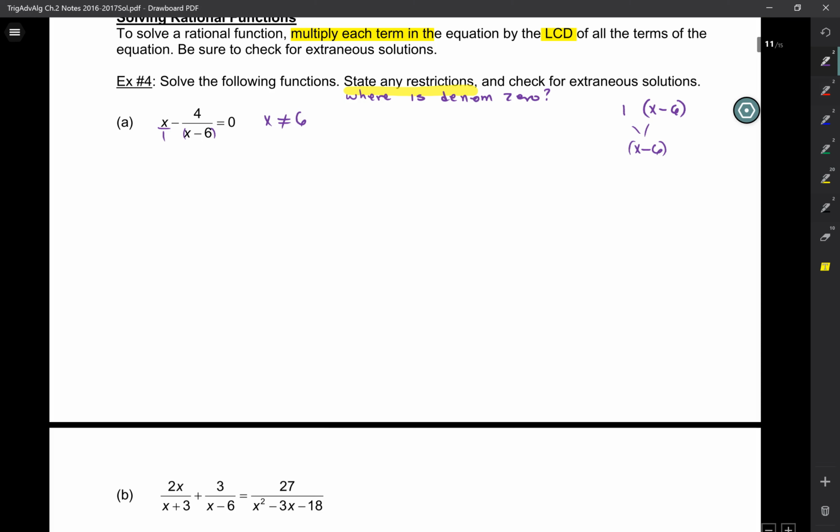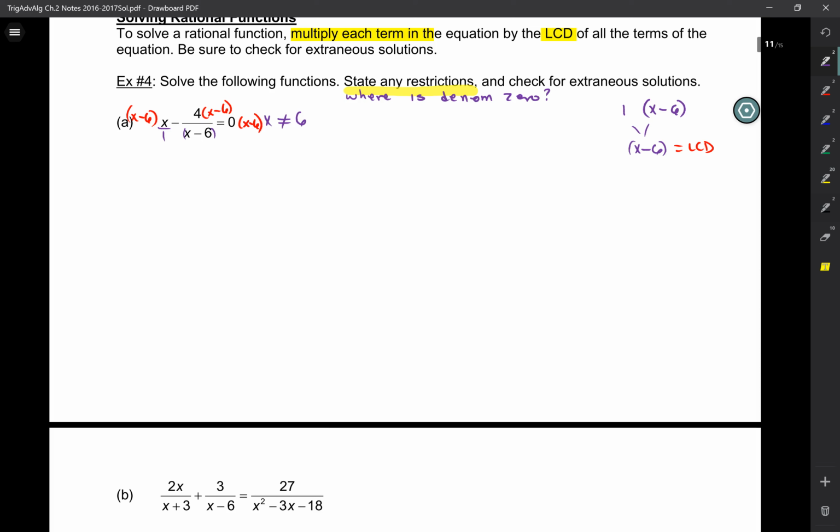Now that I know this is my LCD, or my common denominator, I multiply every single term with x minus 6. Even the 0, because you can't discriminate against the 0. It'll still be 0.